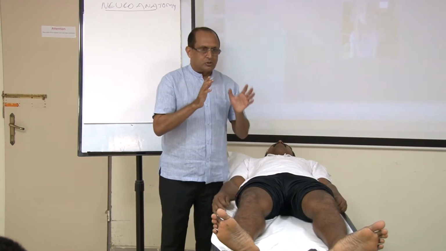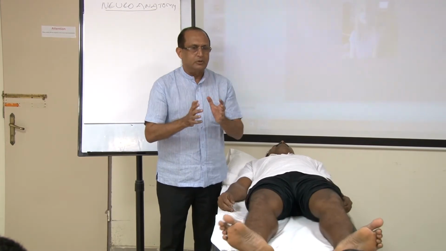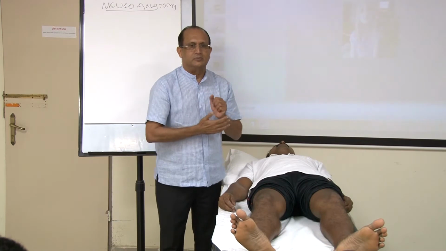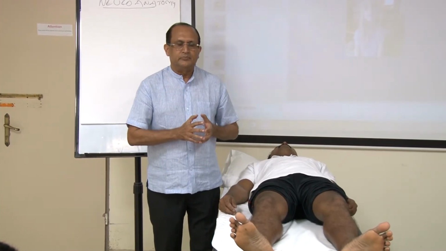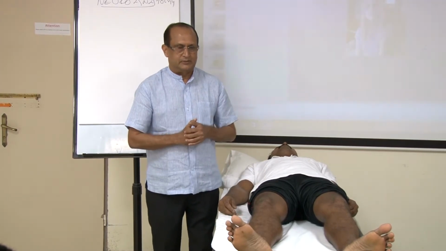Now, coming to the corticospinal tract lesions, the hypertonia occurs in the more powerful muscles rather than the weaker muscles. There is a peculiarity in the corticospinal tract lesion. The anti-gravity muscles are more powerful than the other group of muscles.